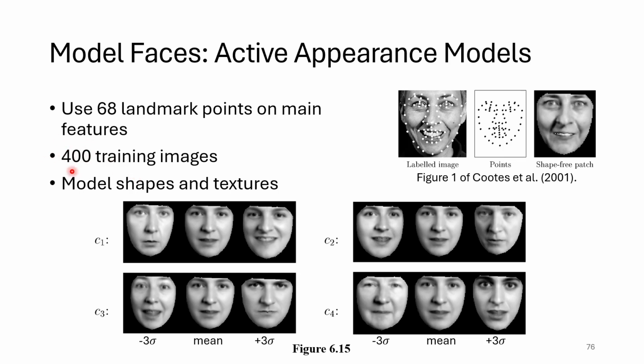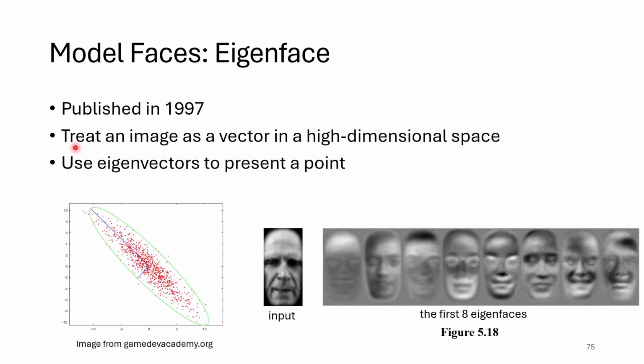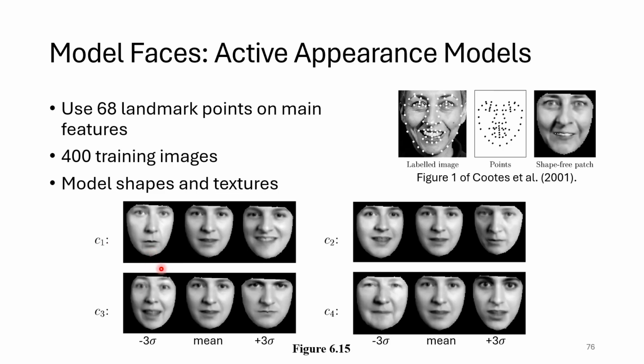Because 420 images means 420 sampling points in the 68-dimensional space. Therefore, they are like this one. Of course, there is some distribution, and once they can find the important vectors or important orientations among the distribution, they can move.